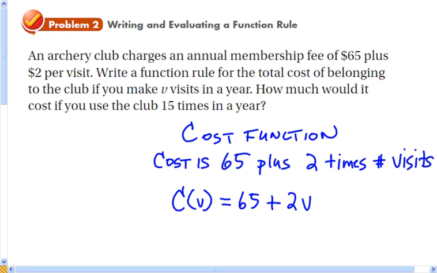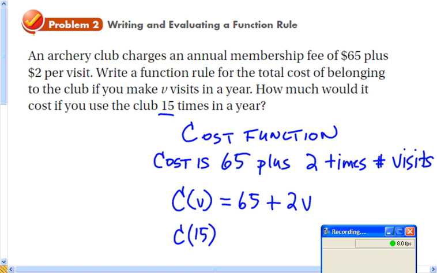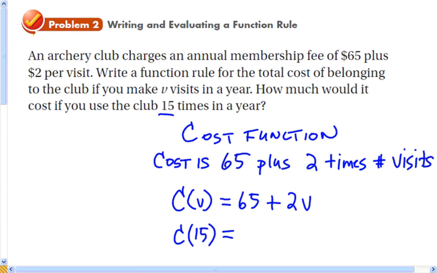And now, if we want to evaluate that for 15 times, in function notation, C of 15 represents the cost for 15 visits.